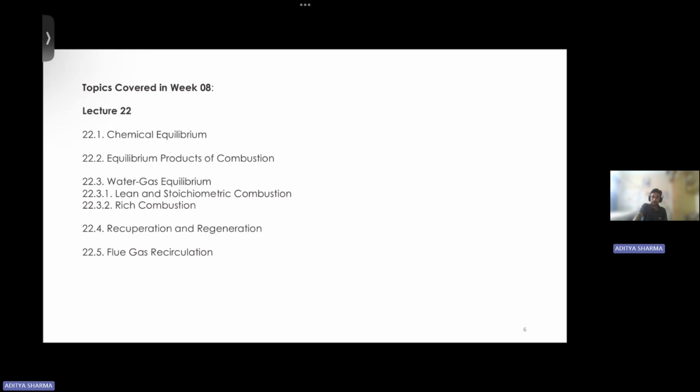The case can be that the availability of oxidizer is not appropriate. Okay, in that case, we get products other than the case in which a complete combustion has taken place.